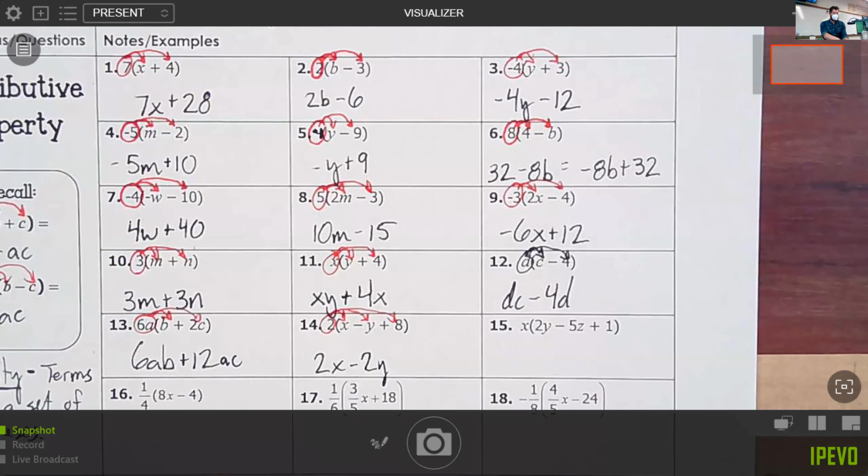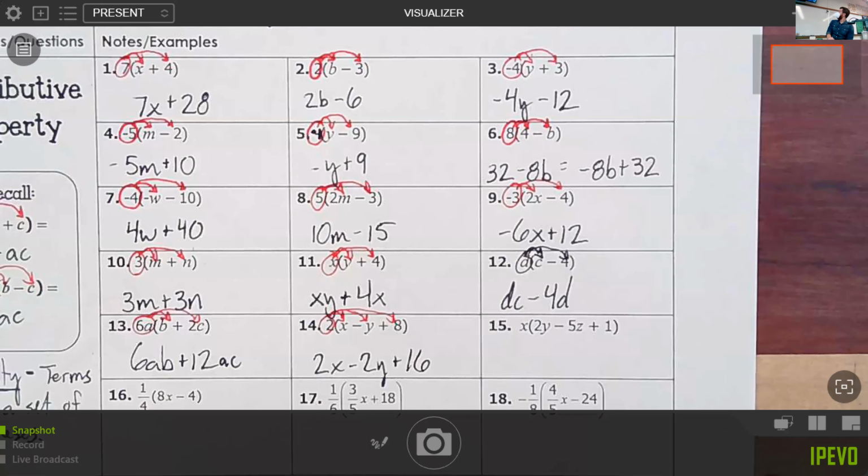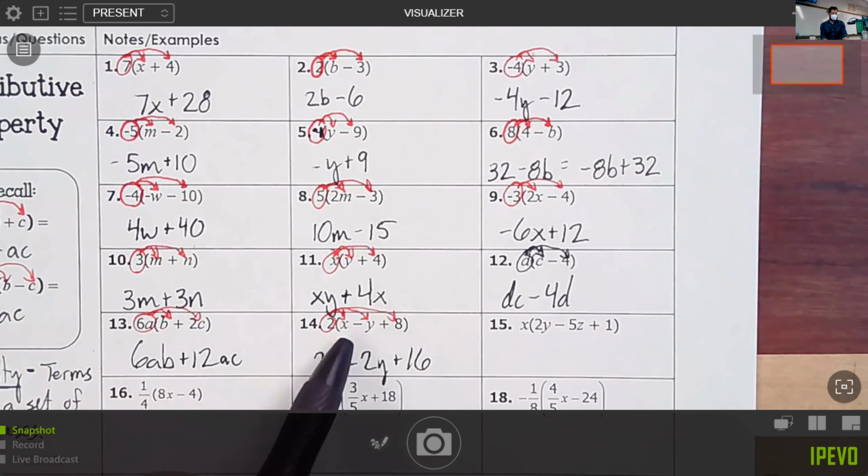Excellent. And then 2 times 8? 16, plus 16. Perfect. Nicely done. So 2x minus 2y plus 16. So just attaching the 2 to the x, minus the 2y, so attaching the 2 to the y as well. And then 2 times 8 is 16. Nicely done.